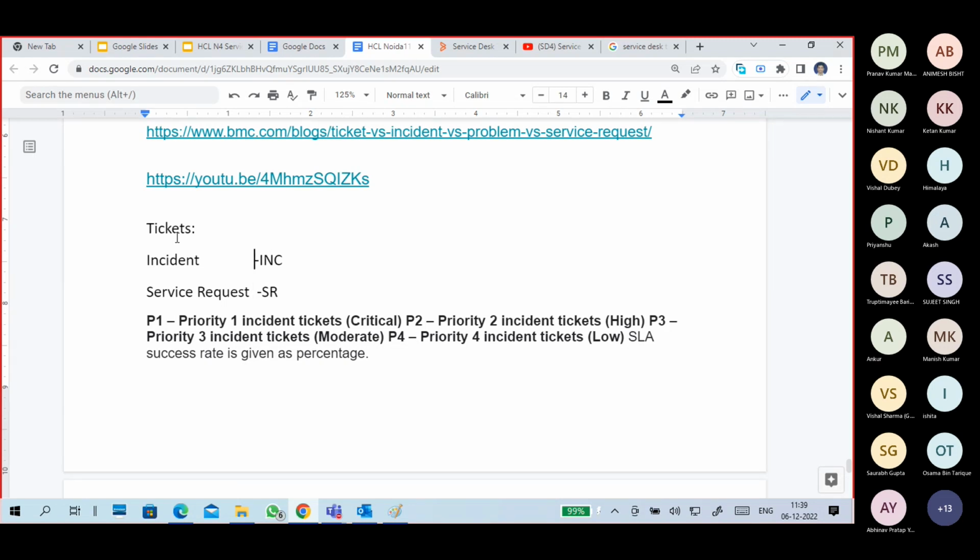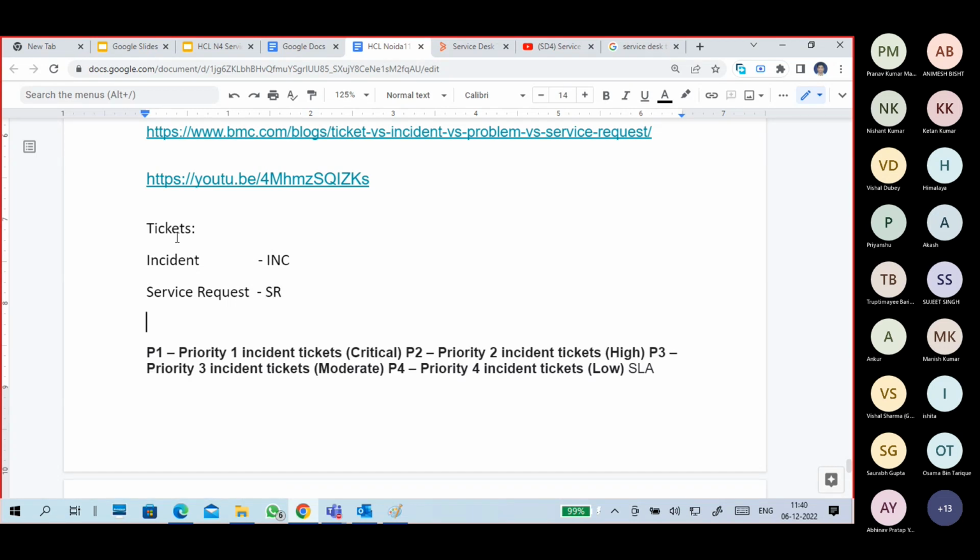Service request means, for example, I want to access a printer, or I want a particular service, VPN service is required, or I want web server access, or mail service is required, or I need to change my mail password, or email is required. These all come under service request.